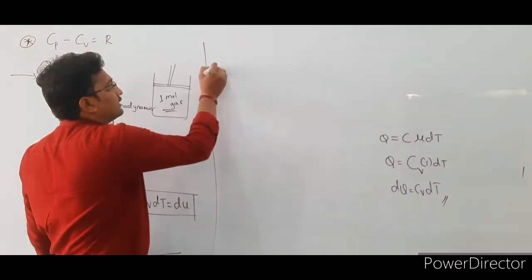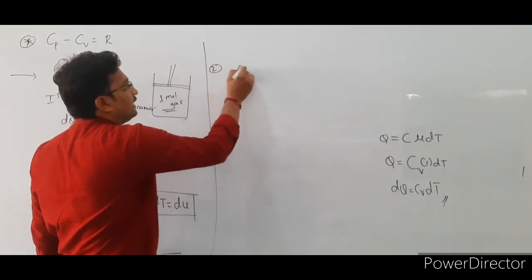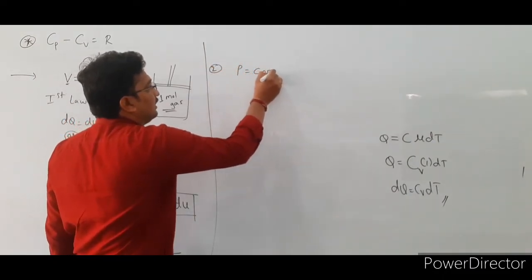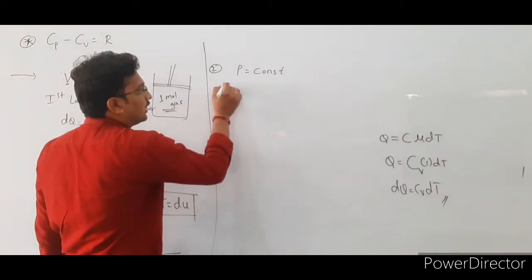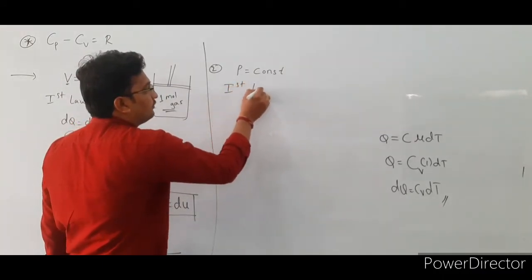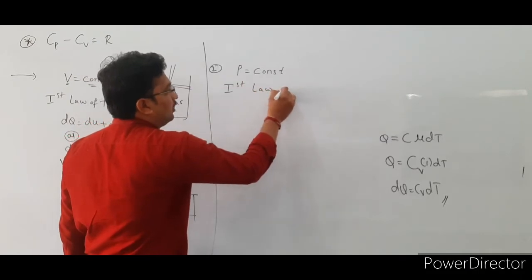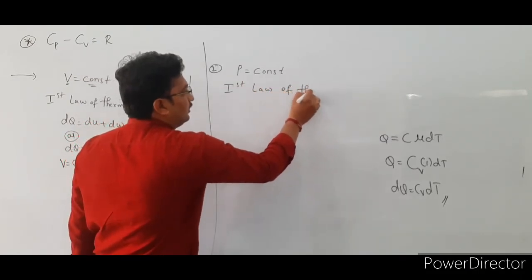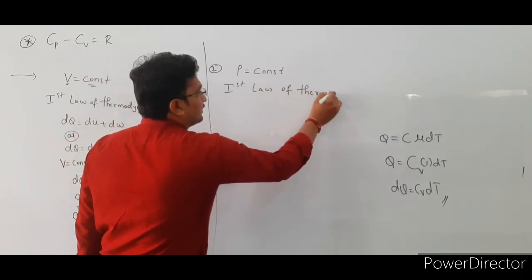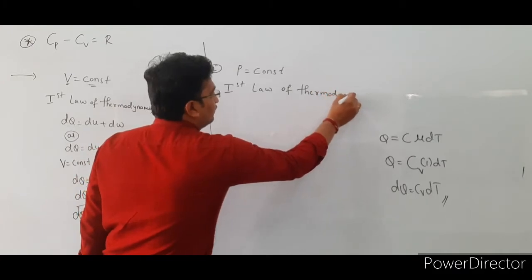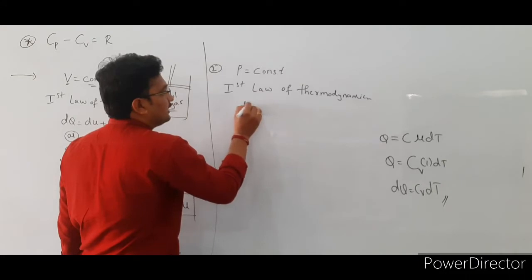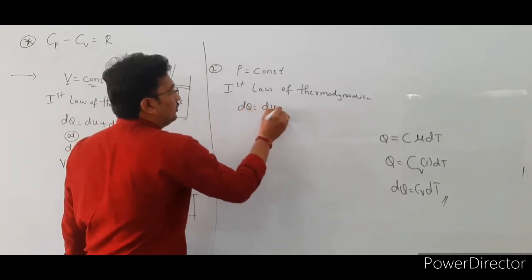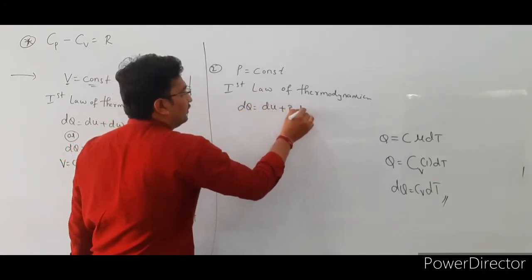And the second case: in the second case, pressure is constant. So from the first law of thermodynamics, dq is equal to du plus p into dv.